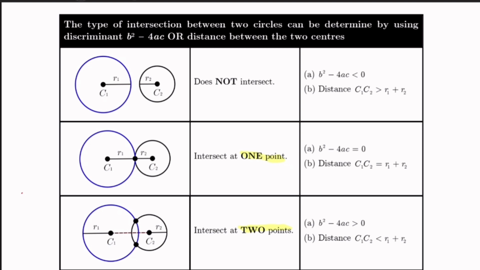We can determine this by using the discriminant b squared minus 4ac. If b squared minus 4ac is less than 0, your circles do not have an intersection point. If it equals 0, there is only one intersection point, and if it is greater than 0, your circles intersect at 2 points.